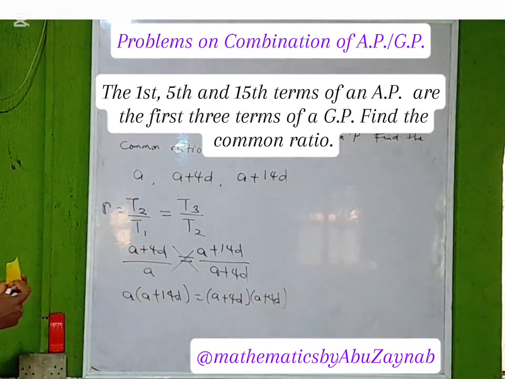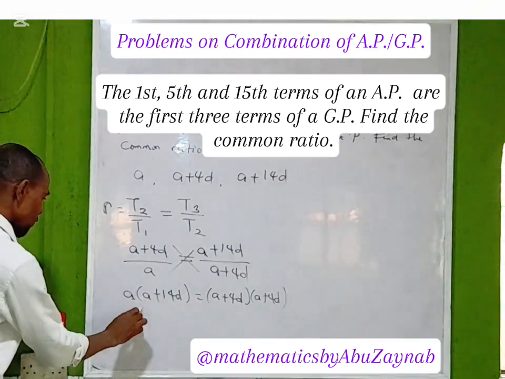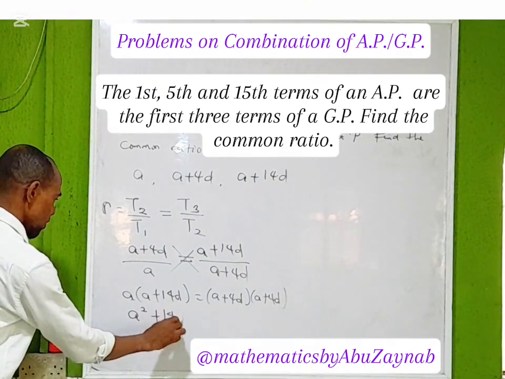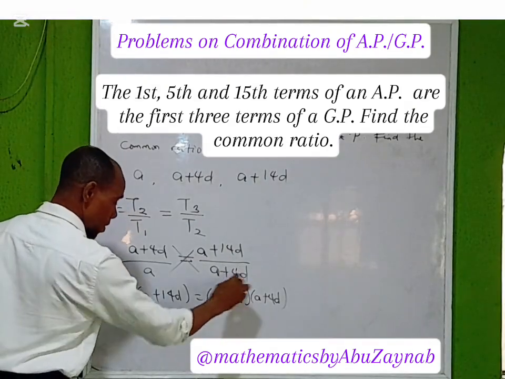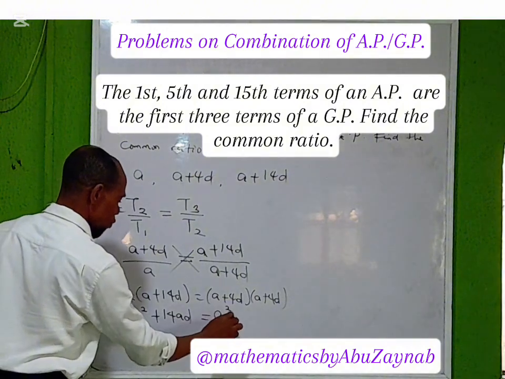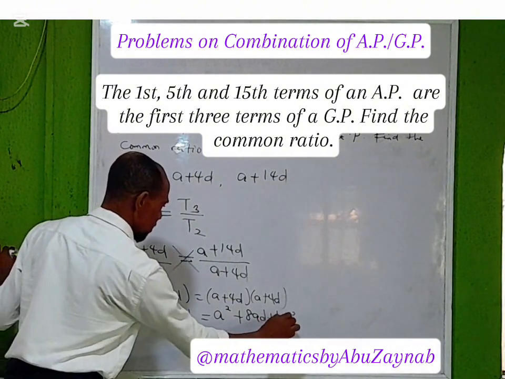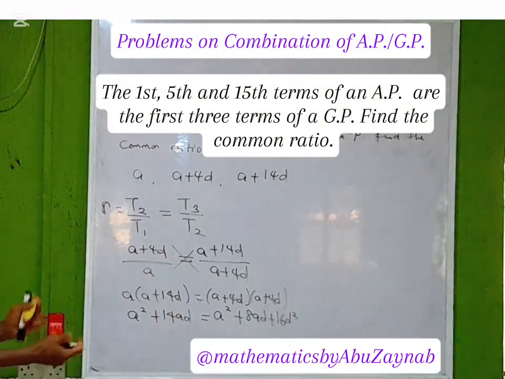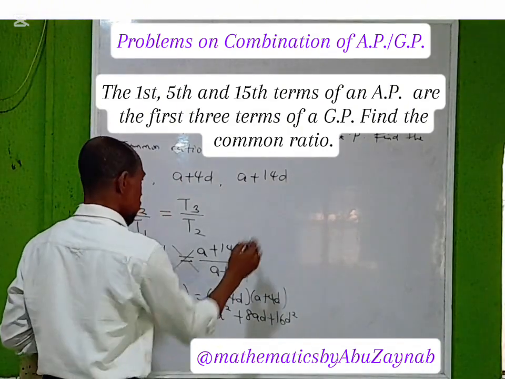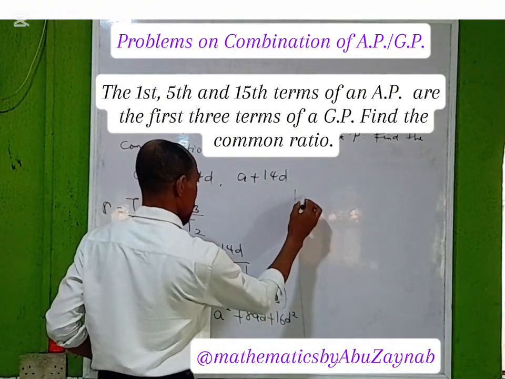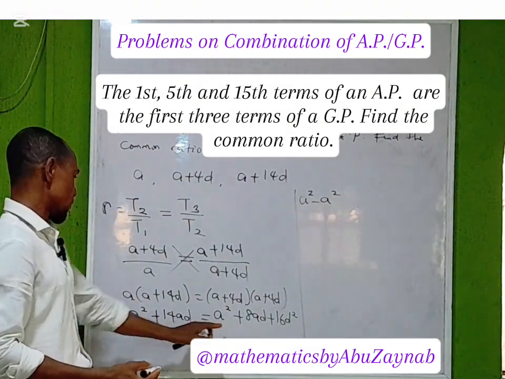So all you need to do here is to simply expand the bracket on both sides. Here we're going to have A squared plus 14AD on the left hand side, whereas on the right, opening this completely, we're going to have A squared plus 8AD plus 16D squared. That's the expansion. So collecting my terms now, A squared minus A squared is gone.